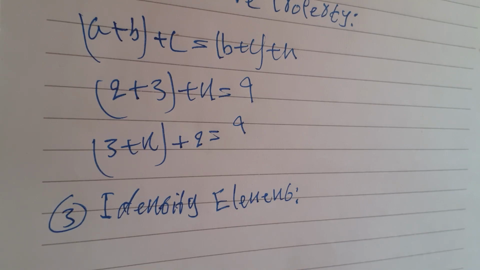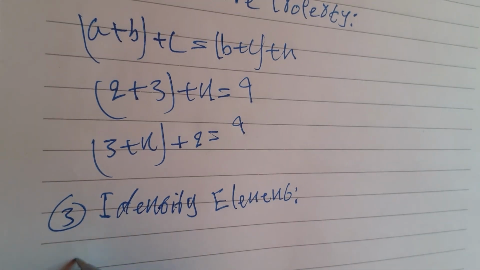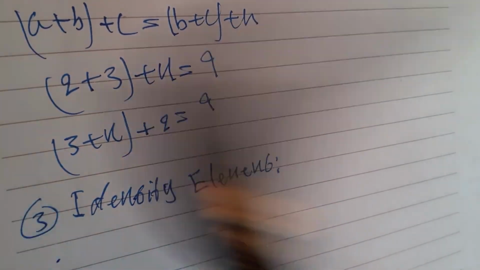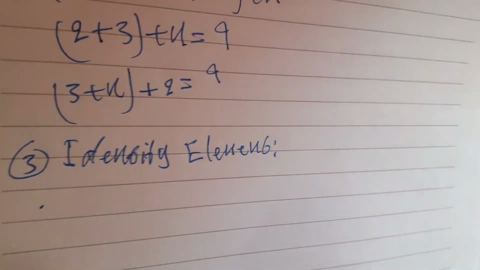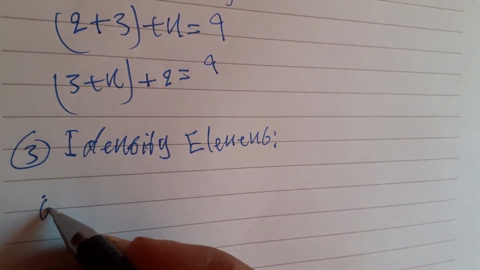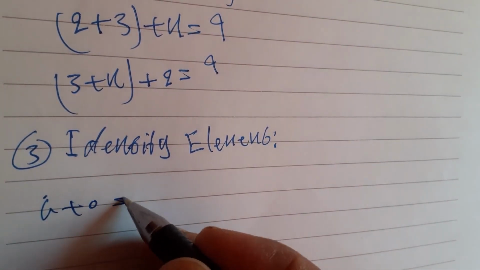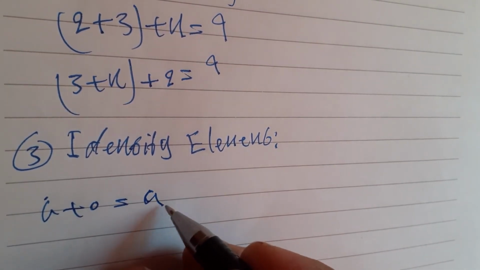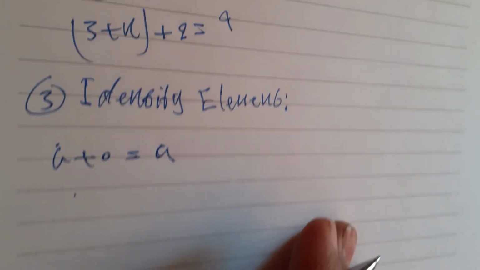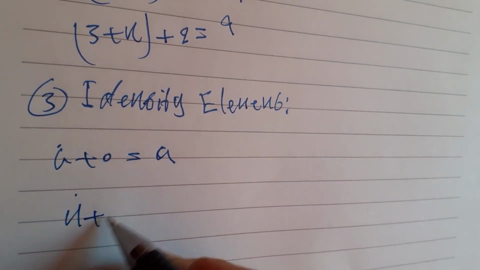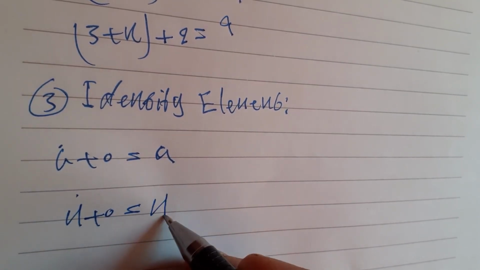Adding 0 to any number does not change the number. A plus 0 equals A. Four plus 0 equals 4.